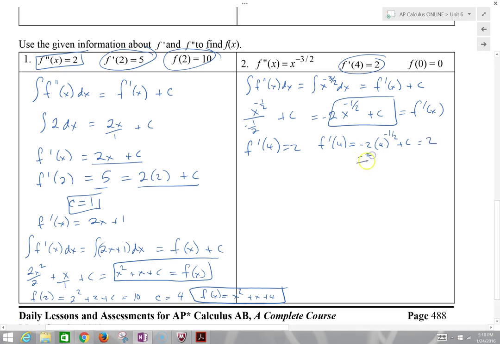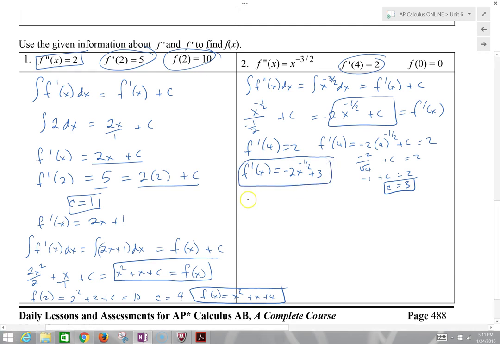So this is negative 2 over square root of 4 plus c. This is negative 2 over 2, so that's negative 1 plus c equals 2. So c equals 3, which means f prime of x is equal to negative 2x to the negative 1 half plus 3.